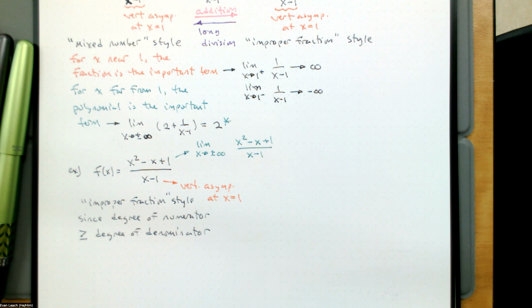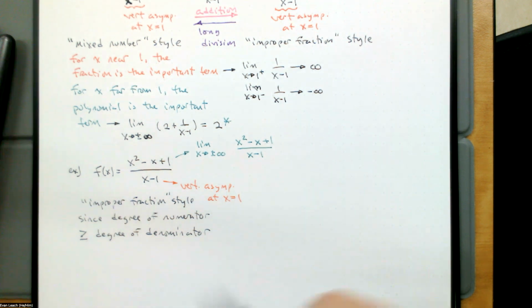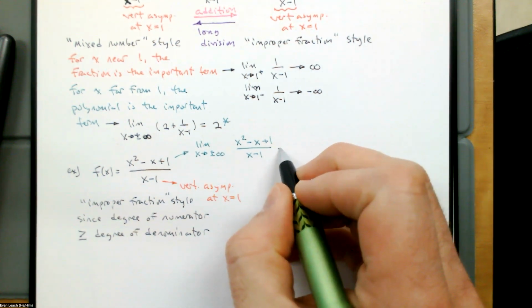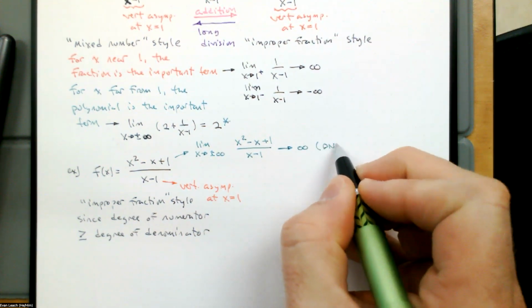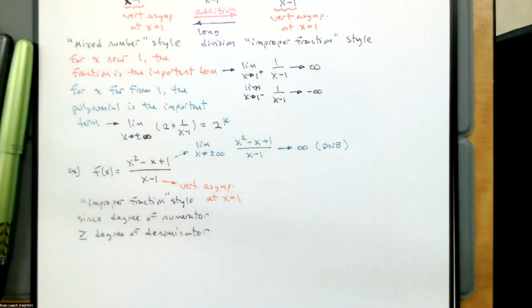If we look at what happens in the long run, we know that this doesn't exist. So this goes to infinity. The limit does not exist. But if we look more carefully, since this is a rational function, we see the important thing on top is x squared. The important thing on the bottom is an x.